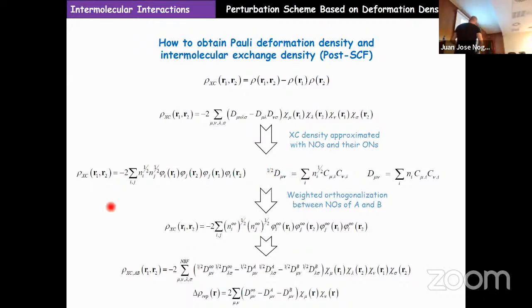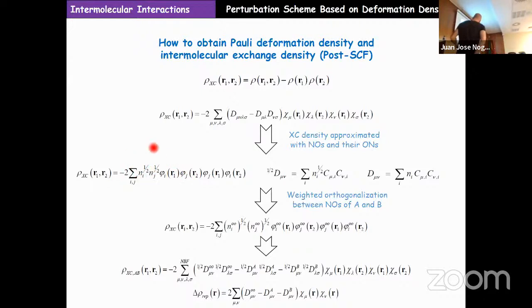In Hartree-Fock the occupation number is always 2, but here we have non-integer occupation numbers, and this is a weight. The occupation number is the weight of the orbital in the wave function expansion.